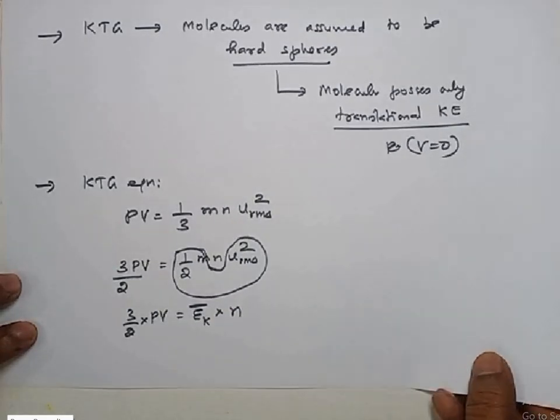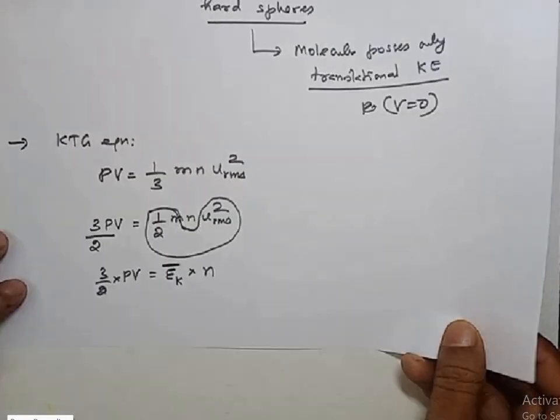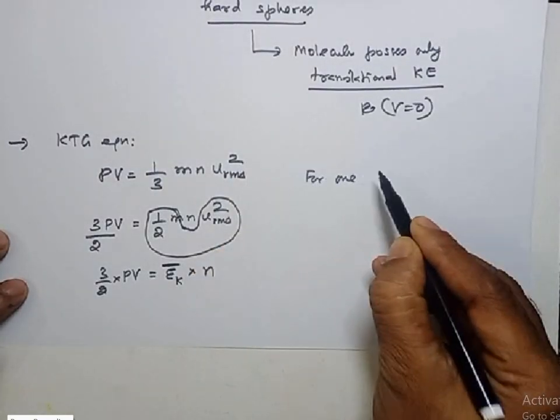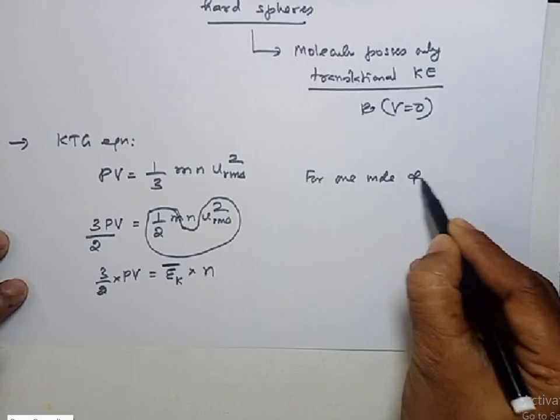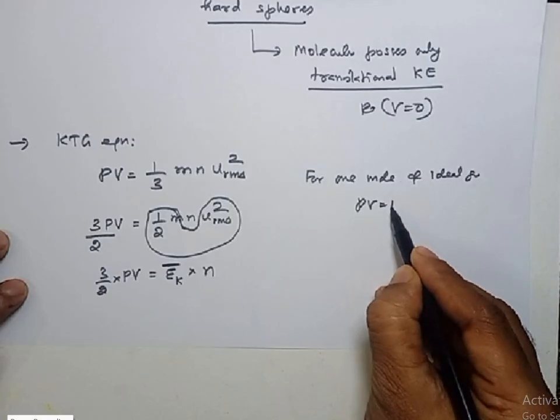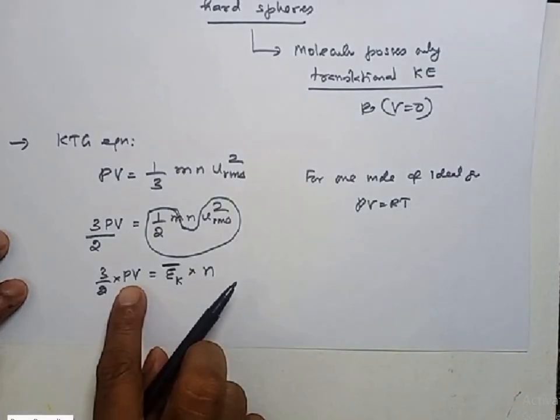Suppose I take 1 mole of ideal gas. PV equal to RT, correct? So in place of PV, I'll put RT.